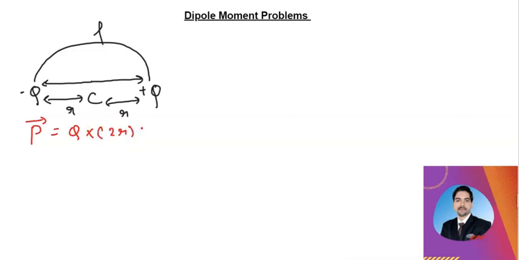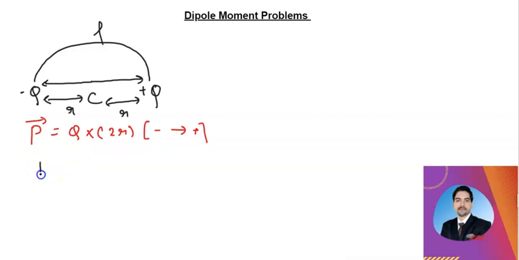This is a vector quantity. Its direction is opposite to the direction of electric field. So the direction is from negative to positive. Is it clear everyone? So we have magnitude and direction. Now we will solve this question.